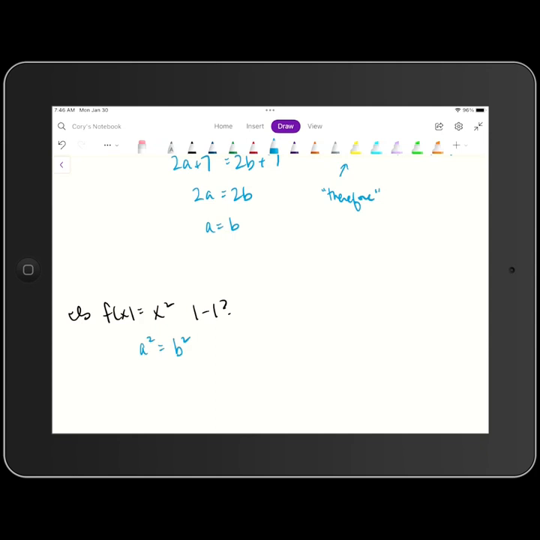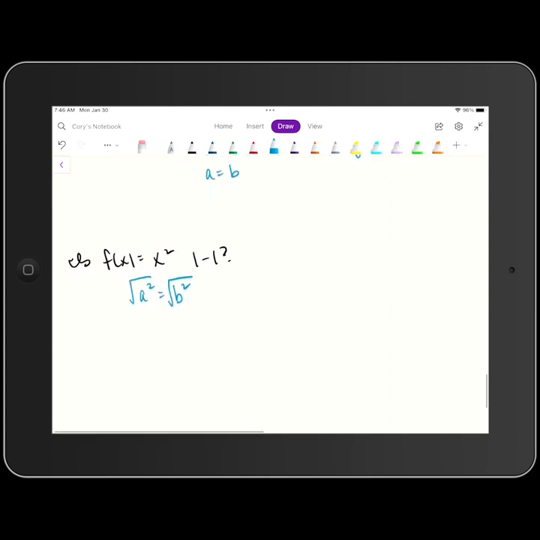What I can do is take the square root of both sides. When I take the square root of a squared on the left-hand side, that gives me the absolute value of a. When I take the square root of b squared on the right-hand side, that gives me the absolute value of b. So that means that plus or minus a can be equal to plus or minus b.